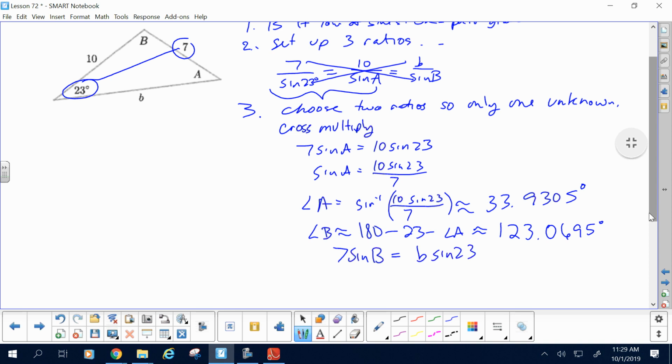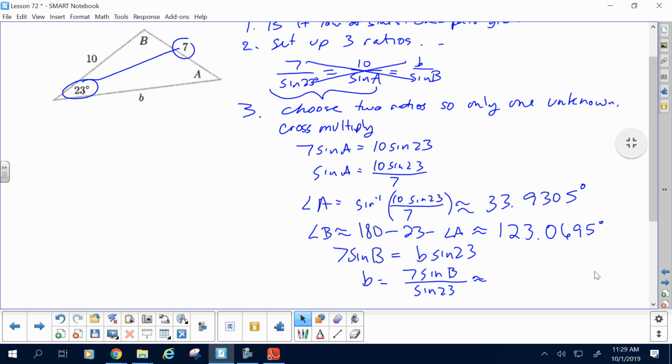So little b is 7 sine of big B, which we just found using our answer button, divided by sine of 23.